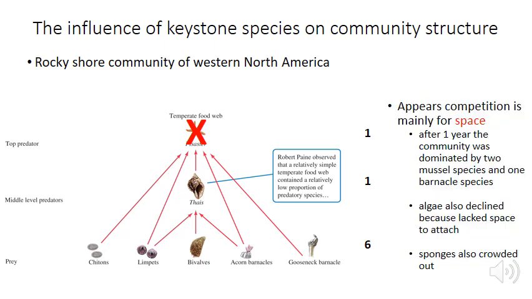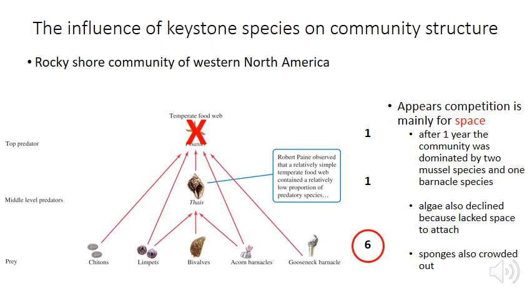What he found was that after 1 year of observing these communities in the absence of sea stars, the number of prey species had reduced from 13 to 6. So a huge drop in diversity over a relatively short space of time. After that year, the community was dominated by a couple of mussel species and 1 barnacle species, so a much greater level of domination by a few species.